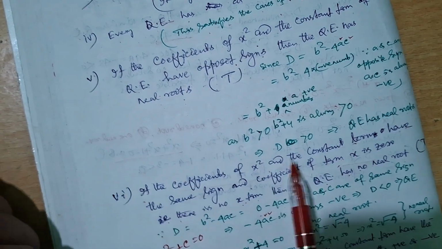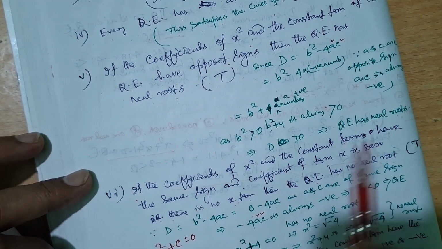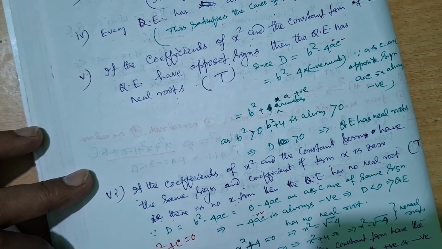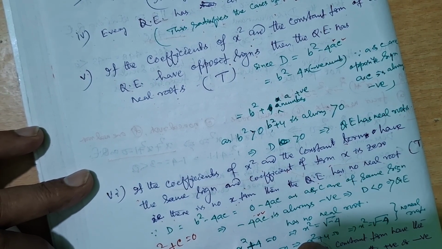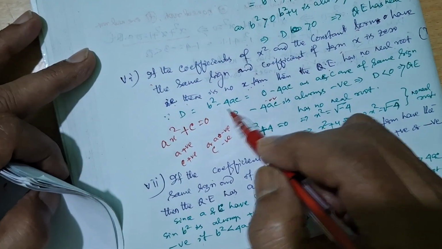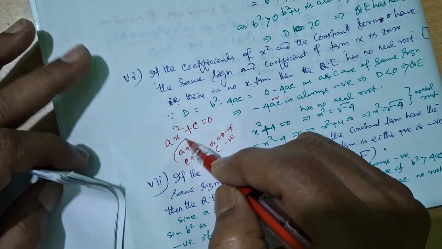If the coefficient of x square and the constant term have the same sign, a positive, c positive, or a negative, c negative, whatever this may be.